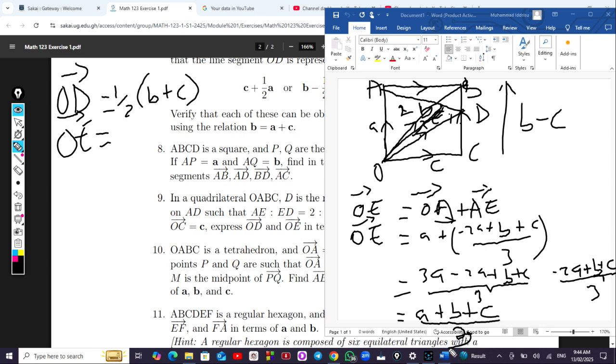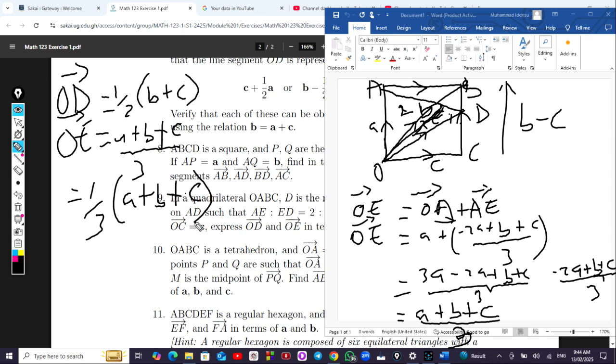And you can see that is the same thing as stated before. So A plus B plus C all over 3. This is the same as 1 over 3 times A plus B plus C.